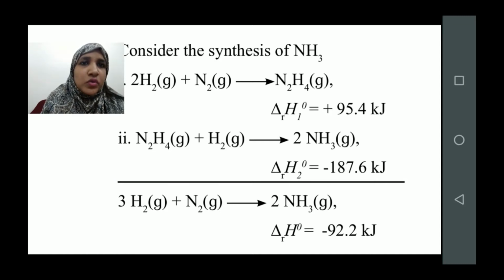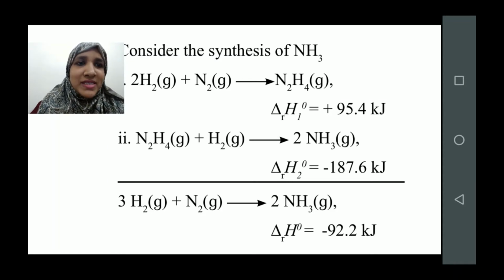We are left with 3 moles of hydrogen and 1 mole of nitrogen on the left hand side and 2 moles of ammonia on the right hand side. When you add the two equations, you get the overall equation and your enthalpy change comes as minus 92.2 kilojoules, because minus 187.6 plus 95.4 gives minus 92.2 kilojoules.